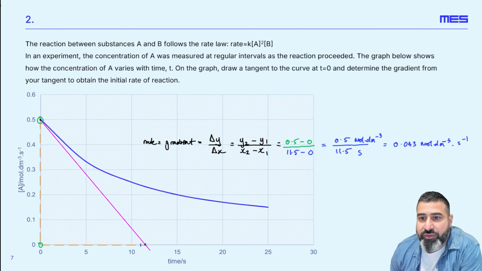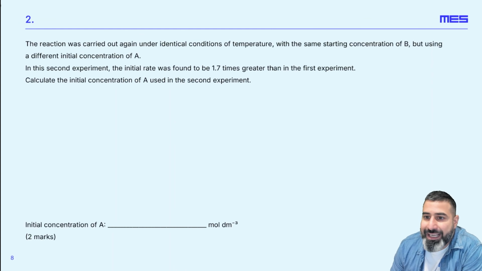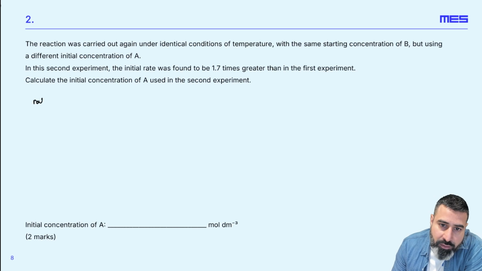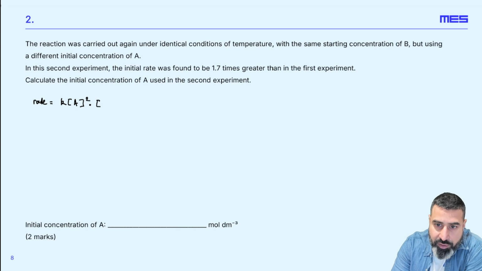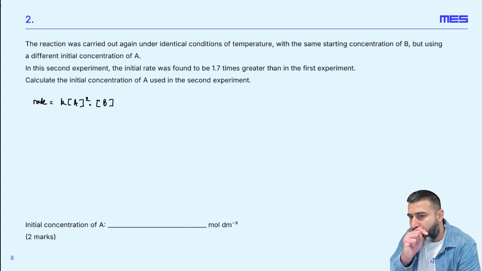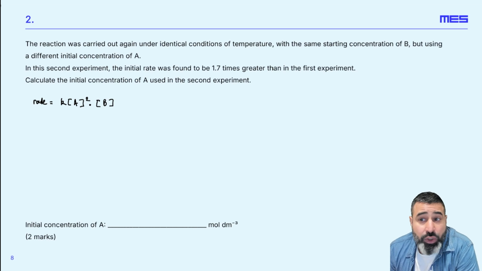So first things first, do we know what the rate equation is? Yes, we do. Let's write it down. The rate equals k, concentration of A squared, multiplied by the concentration of B. So we can actually use this rate equation to help us, okay?